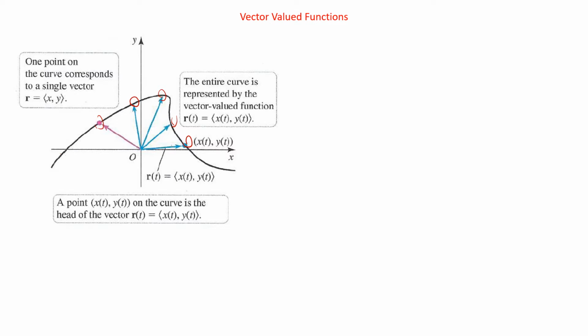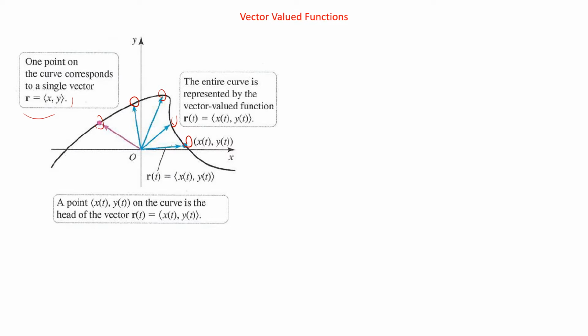So one point is a single vector, r equals just x, y. One point on the curve, but for all of the points, we'd get a function of x and a function of y.